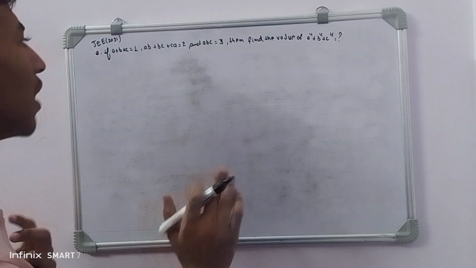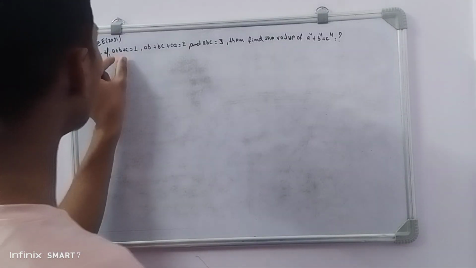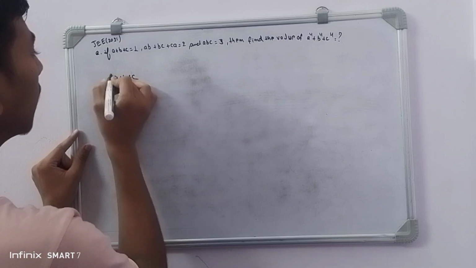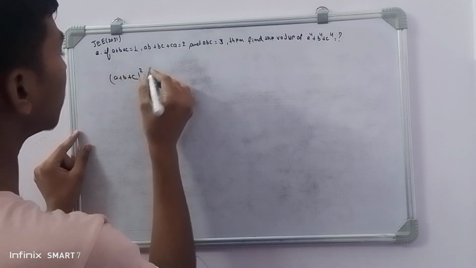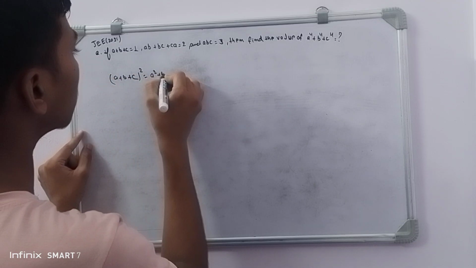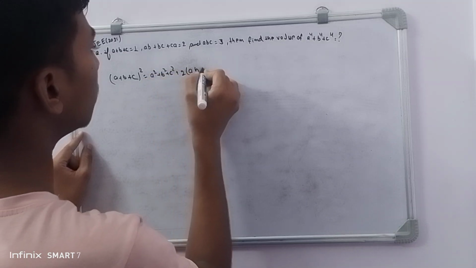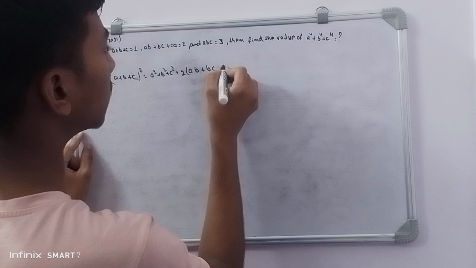For this you just have to understand that (a plus b plus c) whole square, we know, can be written as a square plus b square plus c square plus 2 into (ab, bc and ca).